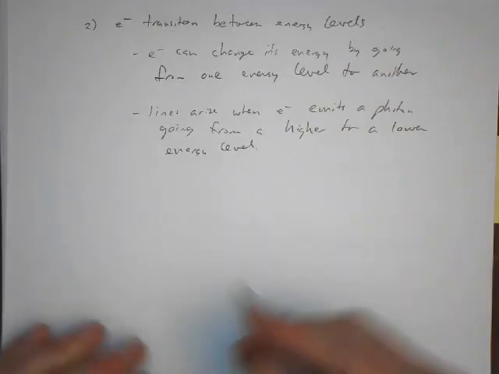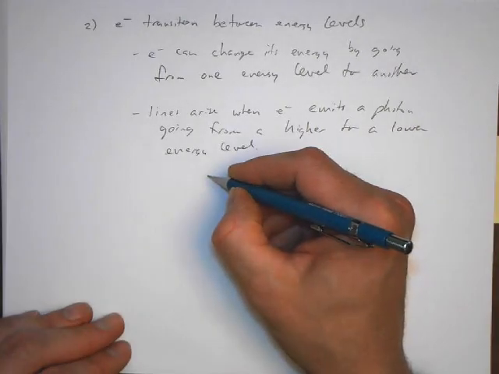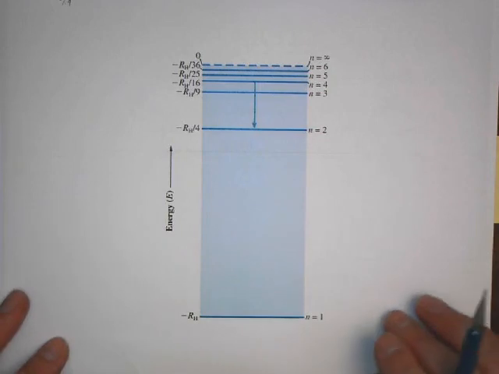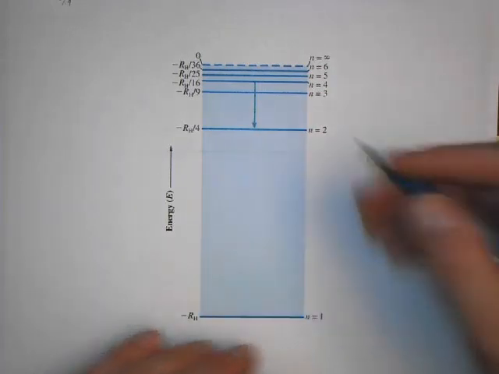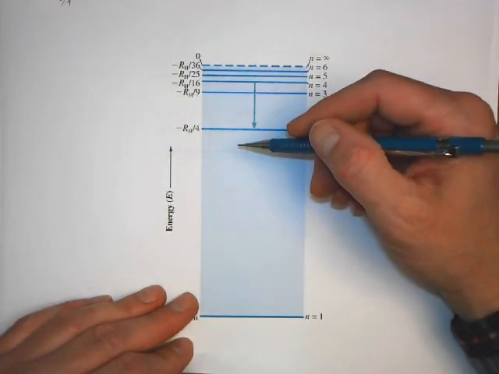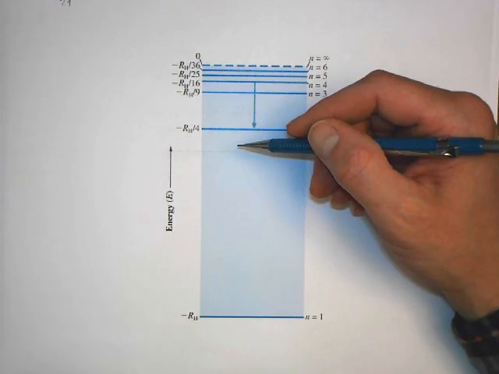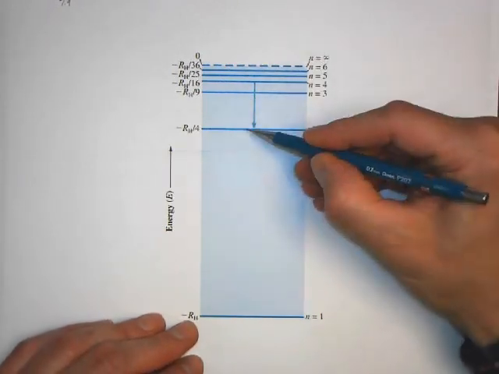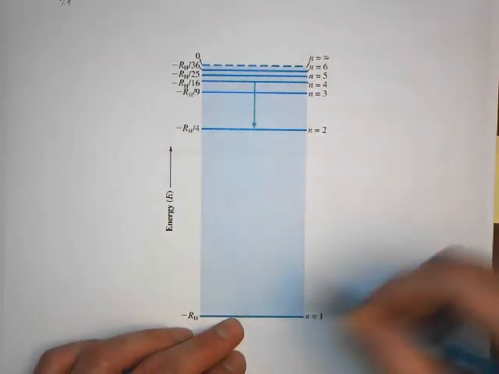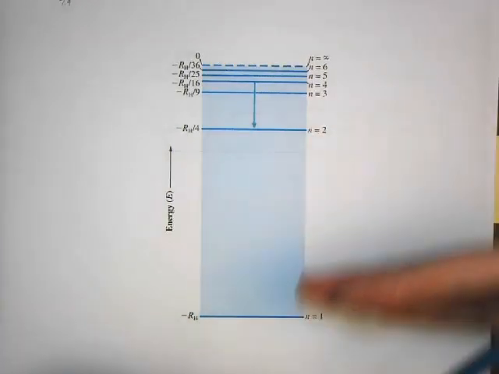For example, let's look at a diagram of these energy levels that we might think of, and this is figure 7.9 in your textbook. But the idea is that an electron or an atom can go from a higher energy level to a lower energy level, and the energy difference is emitted by a photon.